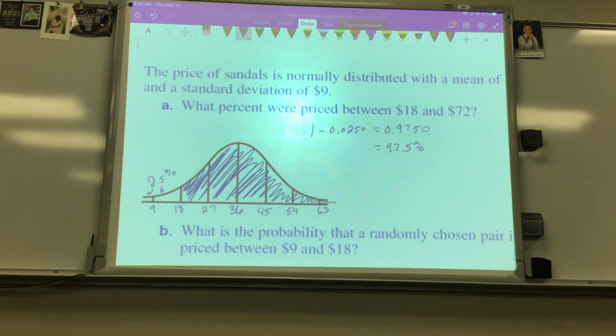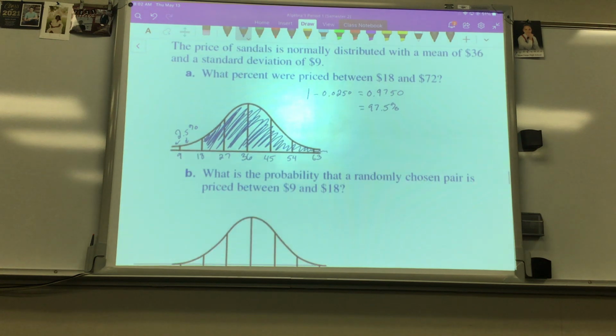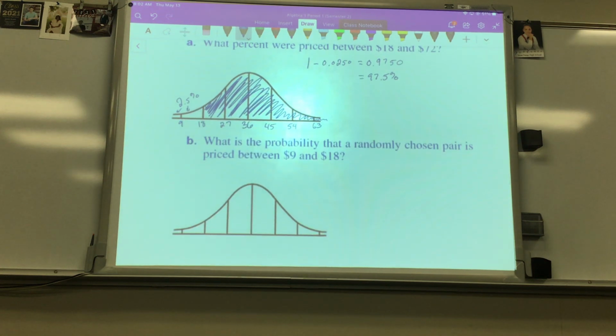So, what's the probability that a randomly chosen pair is priced between 9 and 18? Okay, we still got that same intervals, all right? Same situation still. Mean of 36, standard deviation of 9. Okay, between 9 and 18, it's just that one part, right?